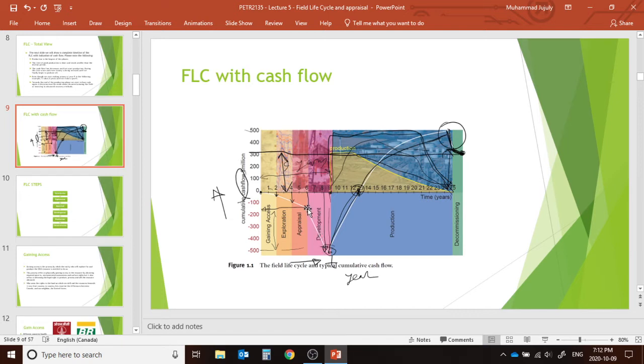That means if you do the appraisal and it tells you there's not much oil in here, then if you only install a small facility, that would be fine. That would not be oversized. Then you can actually save some money. So just go for it. That means if you do this appraisal, there is a probability that you can actually save some money, or it can also save you from potential loss.